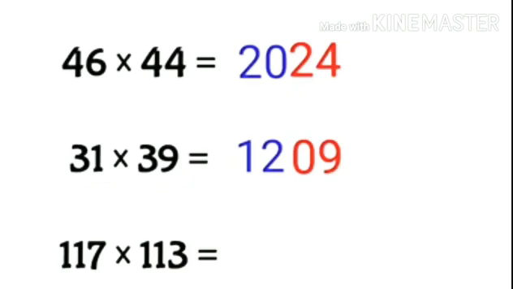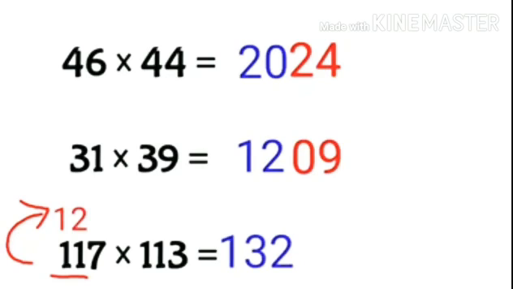Now here we have 11. So what number will come next after 11 in counting? That is obviously 12. So 11 times 12 is 132. And for the last 2 digits, find the product of unit digits 7 and 3.